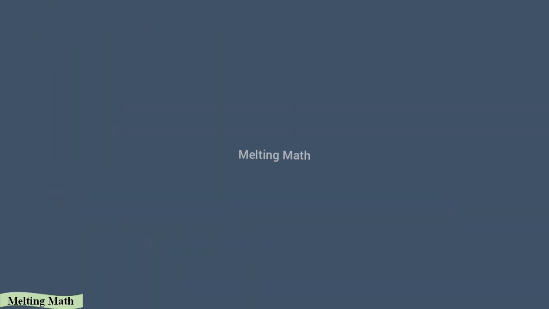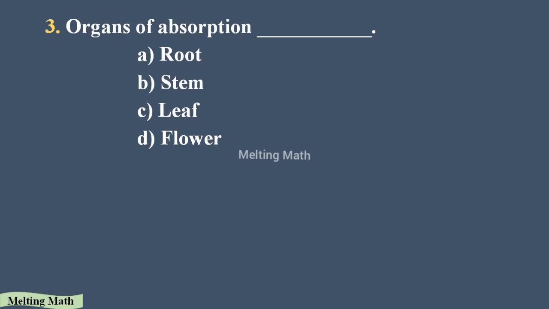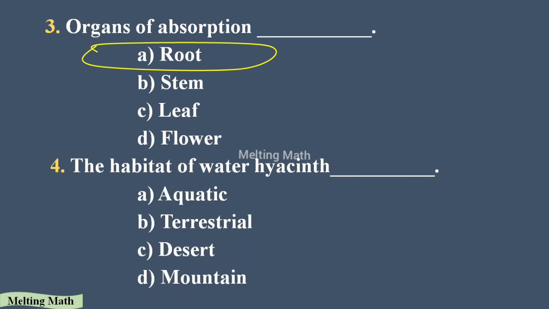Next, see the third one. Organ of absorption is dash. It's a root, or a stem, or a leaf, or a flower. Which absorbs? Root is the correct answer, because root absorbs water and minerals from the soil. So root is the answer, option A. Next, fourth one, the habitat of a water hyacinth is dash.